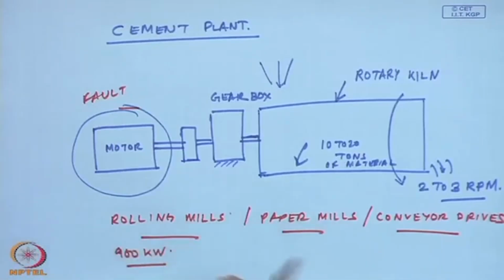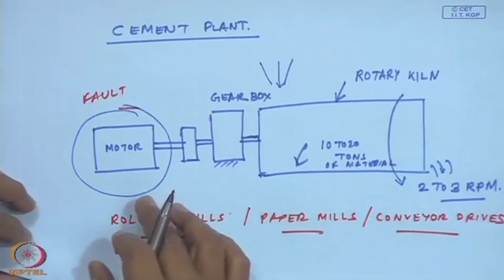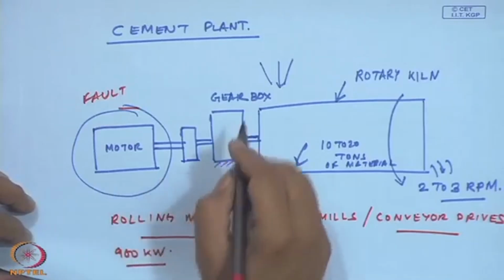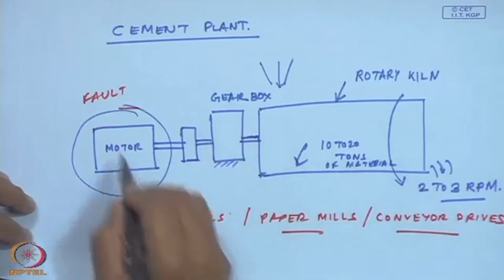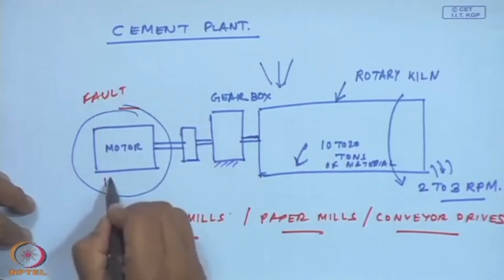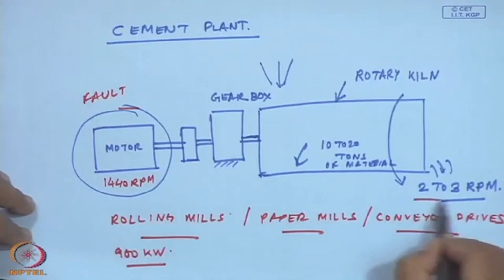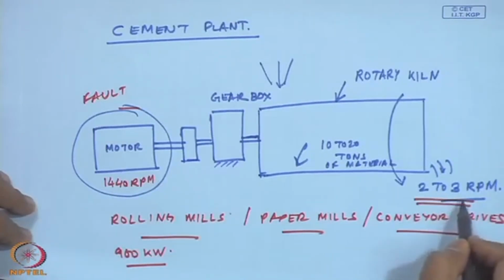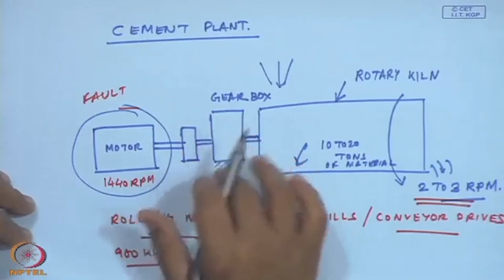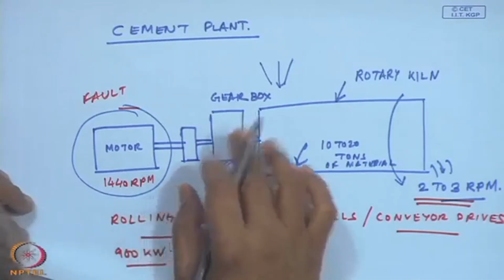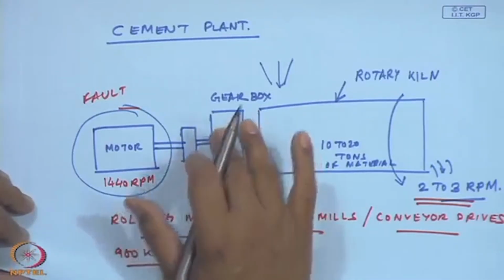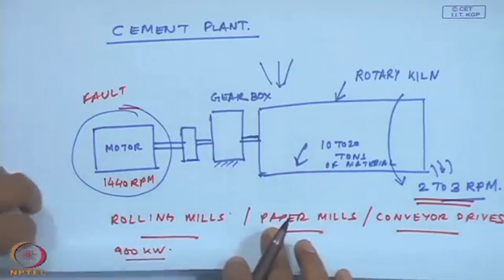Of course, there are larger motors we could be using, and they are almost all designed to run at constant speed. And this gearbox, from a speed of 1440 RPM, finally rotates the kiln at 2 to 3 RPM. So, you can imagine the amount of speed reduction brought about by the gearbox. This is a heavy, multi-stage gearbox and so on.